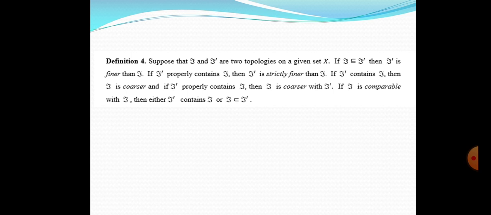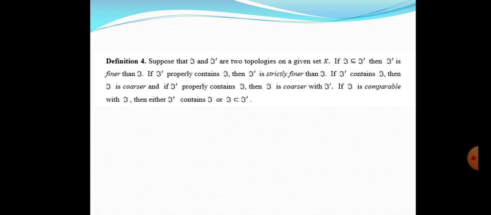If tau dash contains tau, then tau is coarser. When do we say that they are comparable?